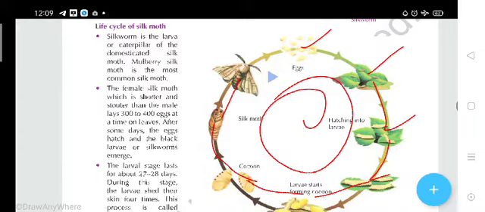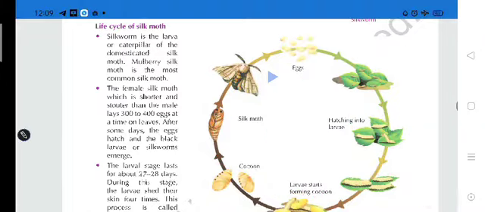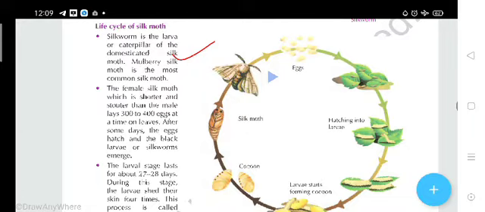But students, there is a question you will ask: sir, in which state do we obtain the silk from that cocoon? So let me tell you. Students, silkworm is the larva or the caterpillar of the domesticated silk moth, and the mulberry silk moth is the most common silk moth. So which is the most common silk moth? That is the mulberry silk moth.